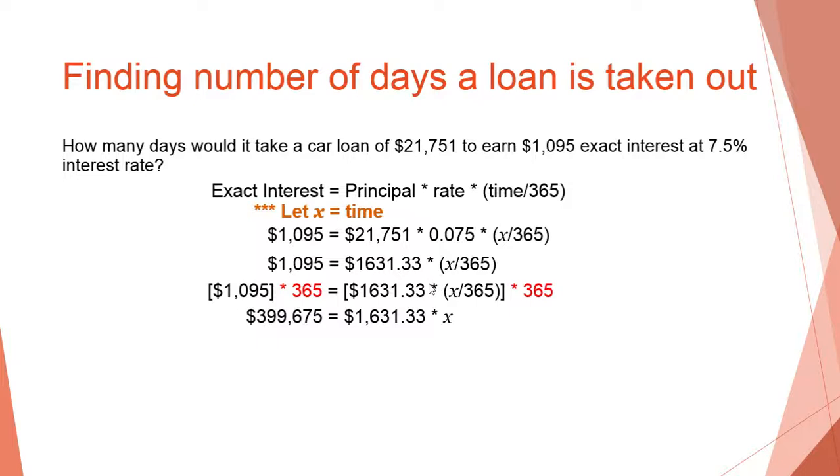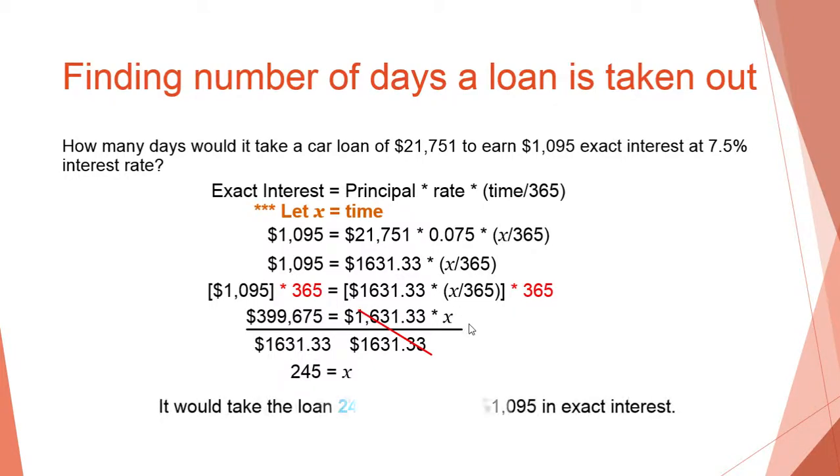Now we need to solve for x by getting it by itself. That means we use opposite operation by dividing, which gives us 245 days. That means it takes 245 days to earn $1,095 in exact interest.